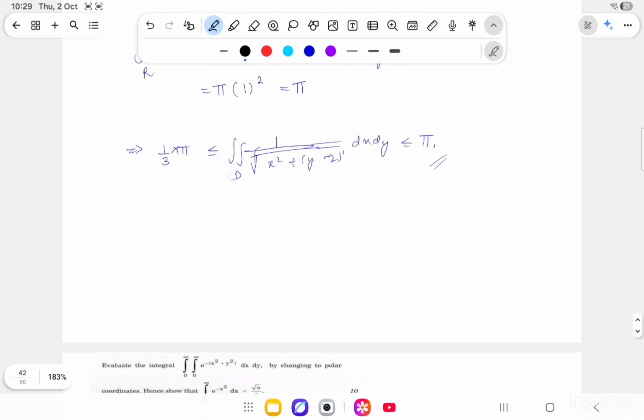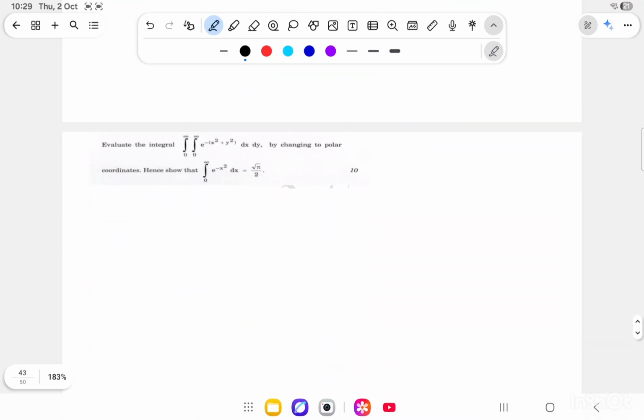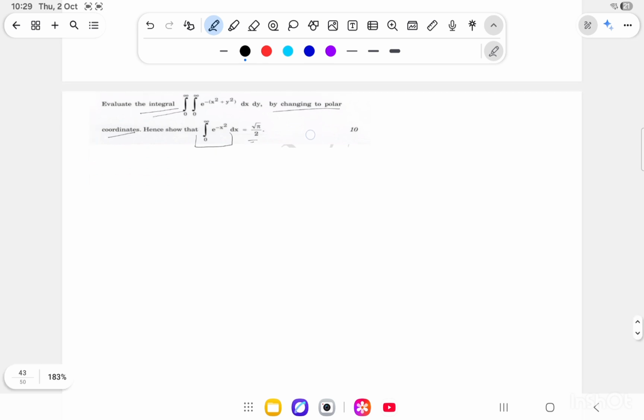The next question says: evaluate this integral by changing to polar coordinates, and hence show that this integration is equal to under root pi by 2. In the question itself it has specified that we are supposed to use polar coordinates to evaluate the given integral.